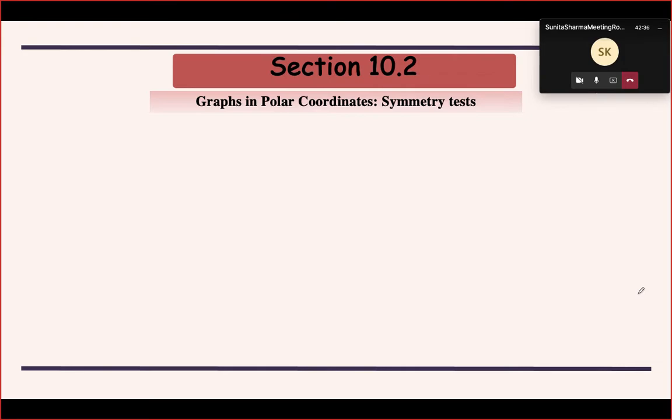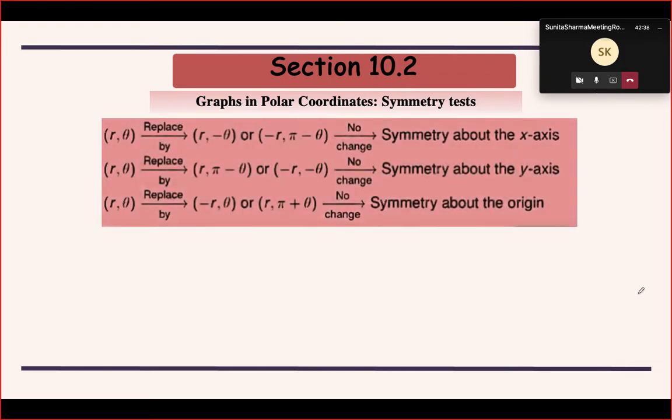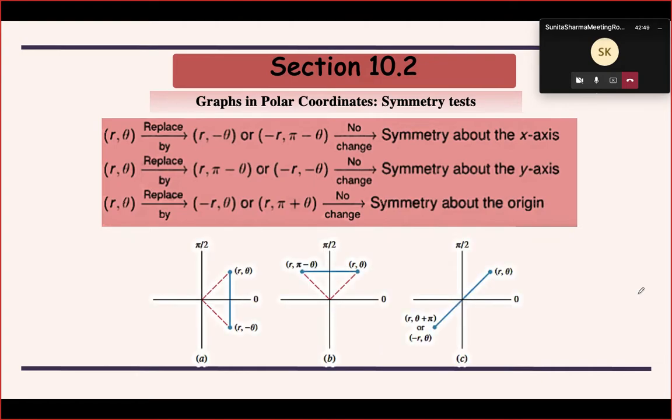I'll move on. Regarding the symmetry test, there is one additional type of condition which you can check. Earlier when I mentioned the tests for symmetry, I had only said to replace r, theta by r, minus theta, then you get symmetry about the x axis, this line, basically theta equals 0, the polar axis.